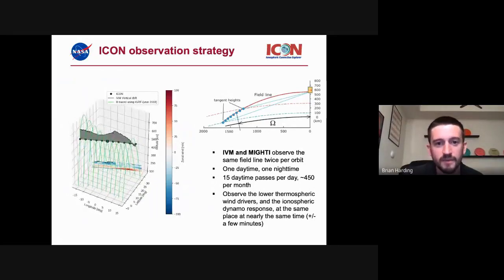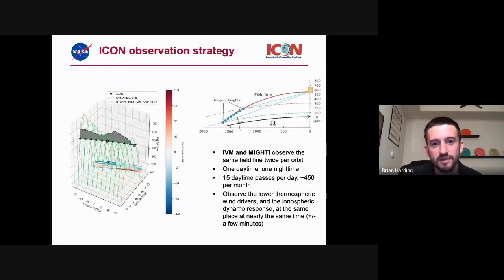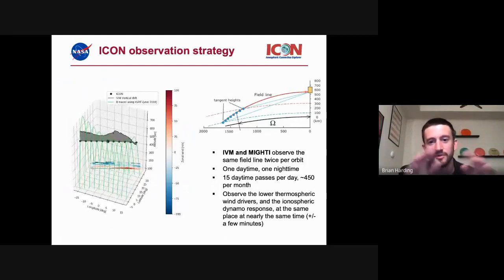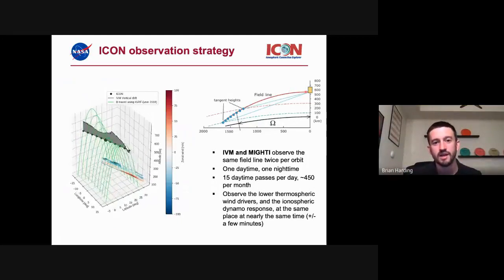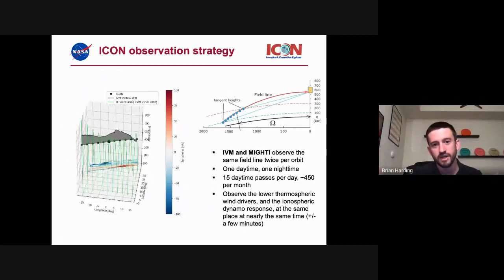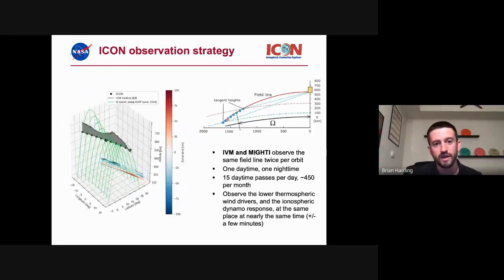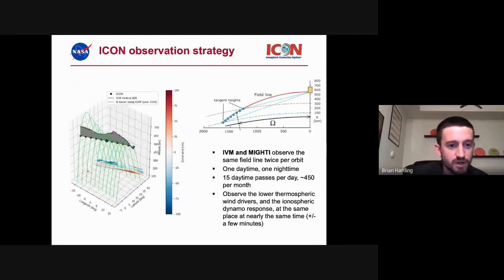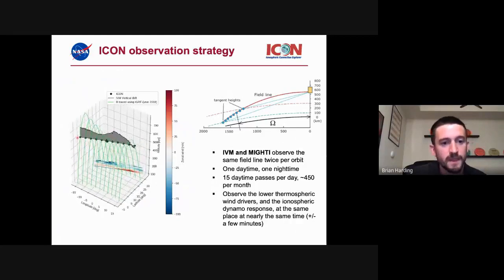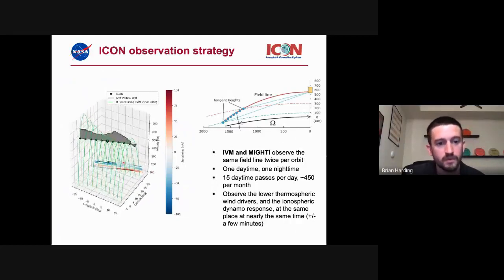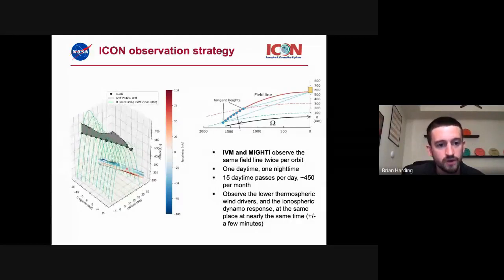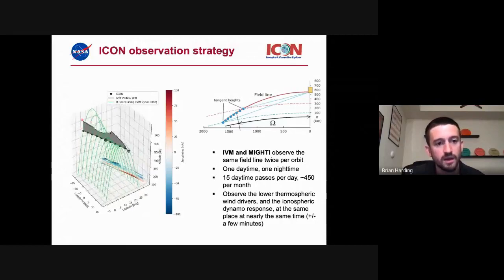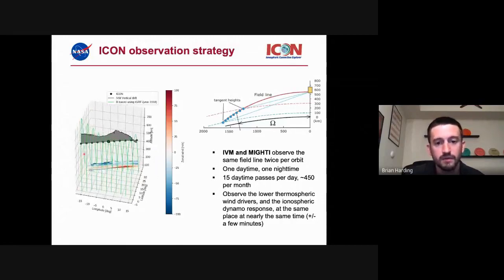This is actually kind of a unique geometrical curiosity, I guess, that if you have a dipole field line and you look out at 45 degrees from the magnetic equator, the tangent point profile actually lines up exactly with the field line. In practice, it never works out exactly perfectly, but close enough. So this gives us a way to really understand the lower thermospheric wind drivers down here at the foot point of the field line and how they impact the plasma drift up here at the spacecraft.